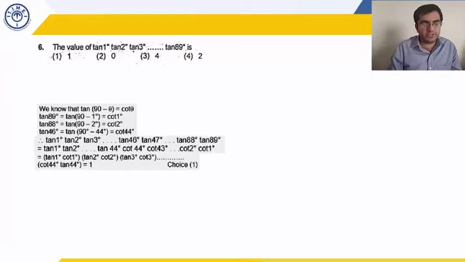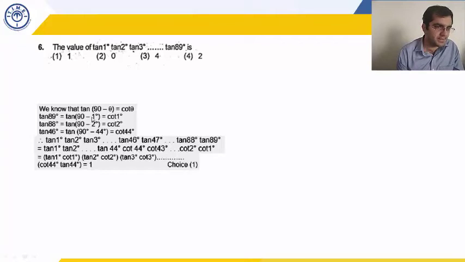And this was a very good question. You used an important property so that tan and cot can be multiplied to give you 1. Tan theta into cot theta is equal to 1. Okay. So this is a typical trigonometry method question.